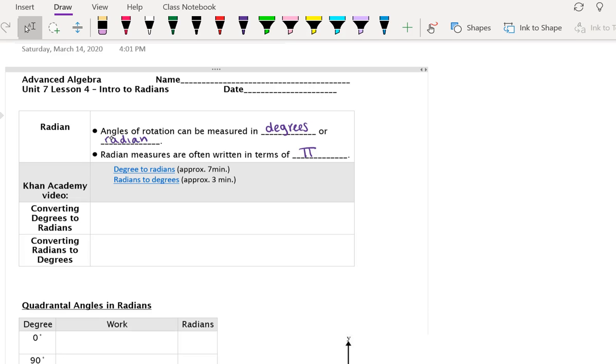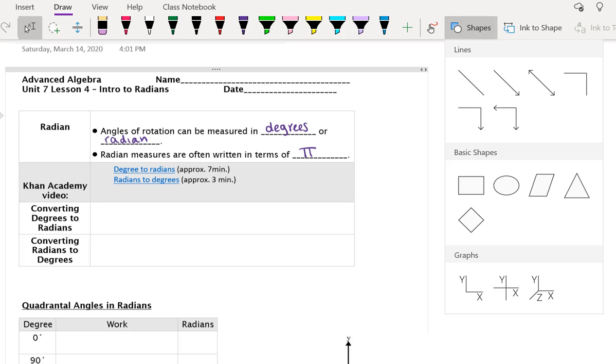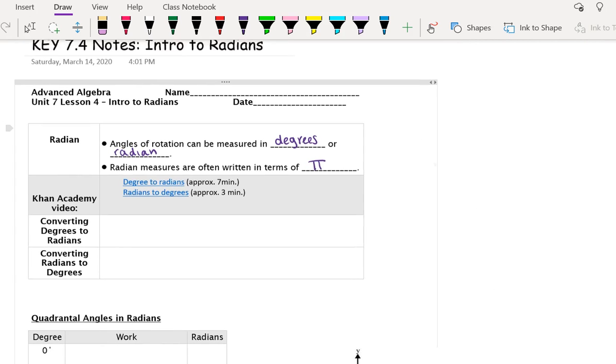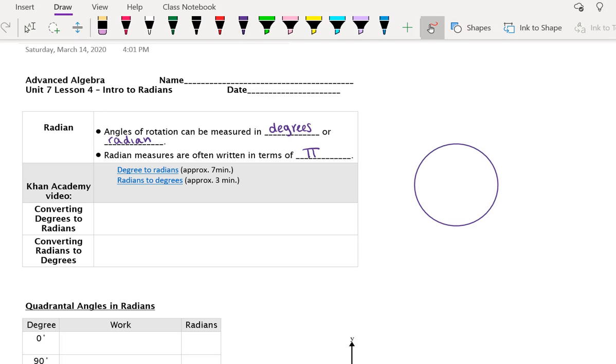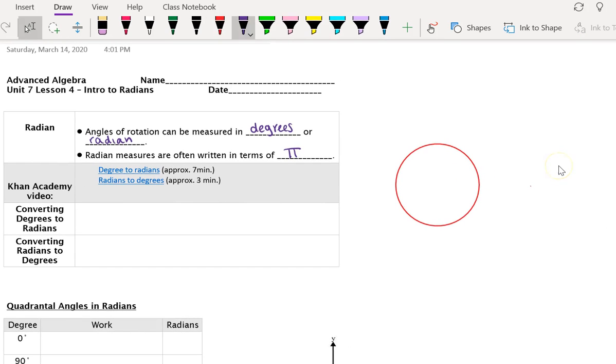Essentially, what a radian is: if we took a circle, I'm going to draw a circle over here. In the center of the circle, I took a radius. Okay, so this is my radius.